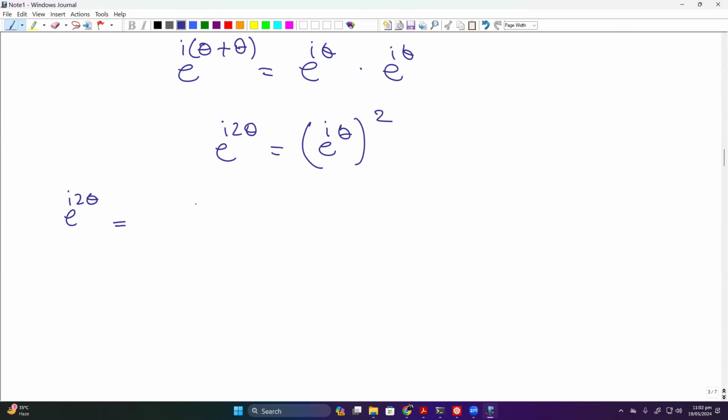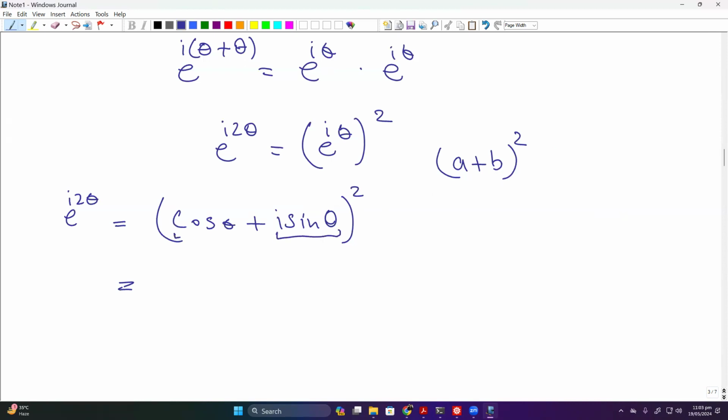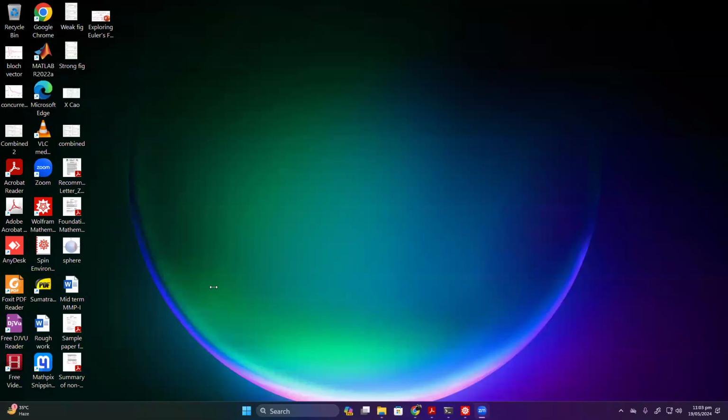Let's expand this. Let's put the definition of Euler formula. So this is (cos theta plus i sine theta), and then there is this whole square. So let's open this by using (A plus B) whole square. But remember, if this is my A and this is my B, this B has this iota. So this is going to make some difference.